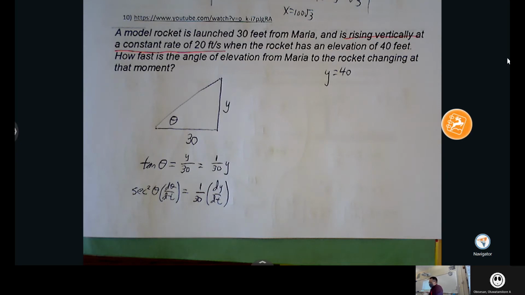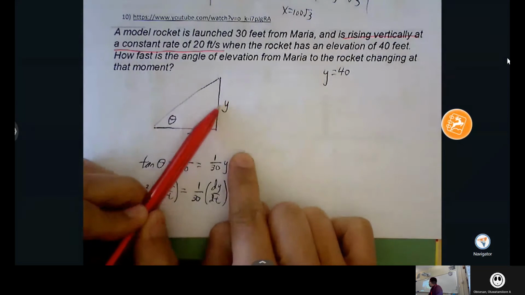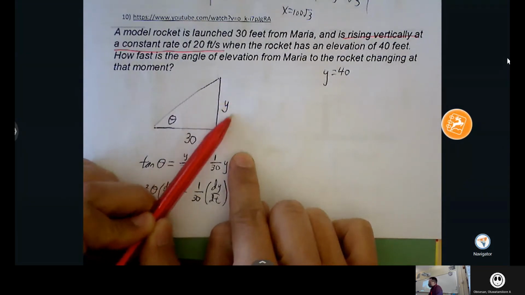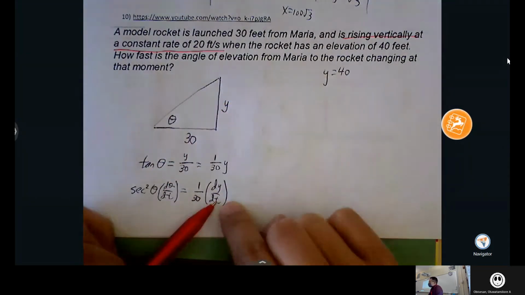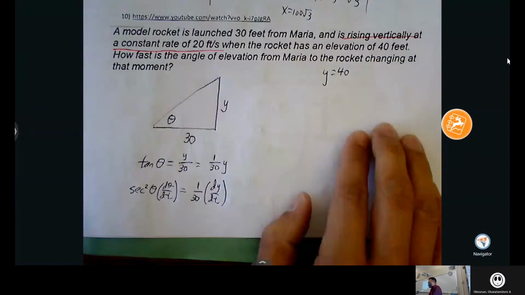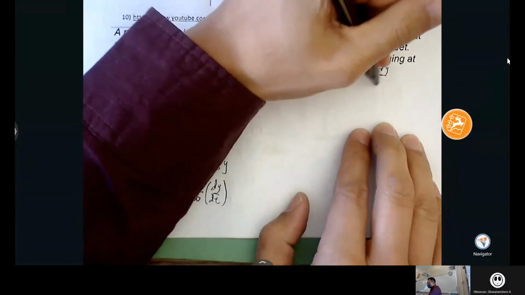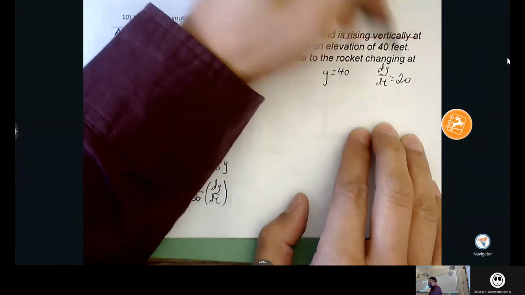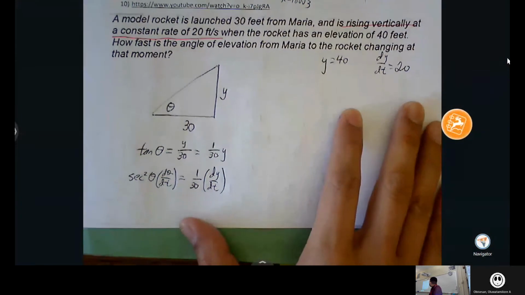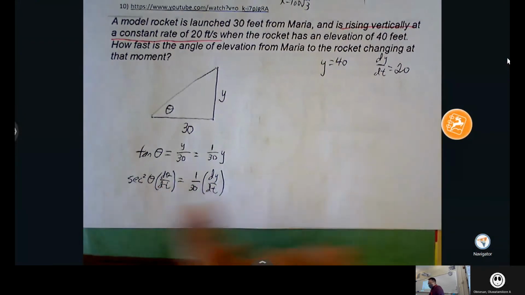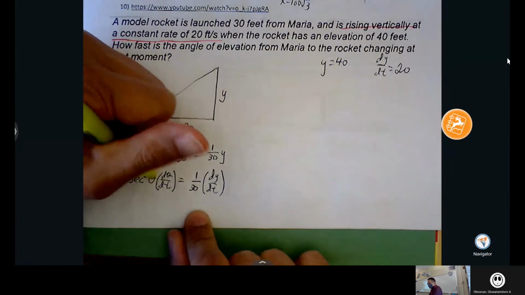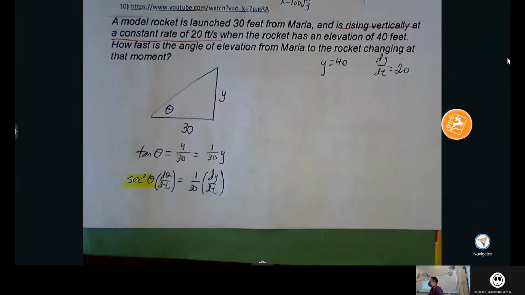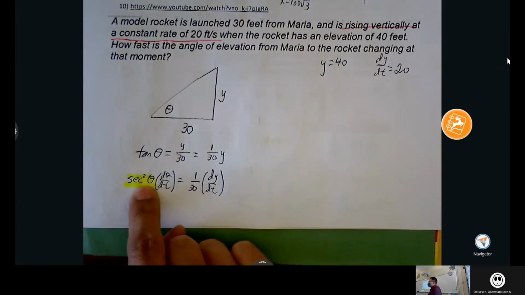I don't know. Vertical is dealing with y, right? But movement is going to be dy dt. So 20 is going to be dy dt. So that's what that is? Yeah. But just like before, we still have this sticking out with nothing to replace yet, right? So we need to create a second triangle with information enough to help us replace secant theta with the ratio.